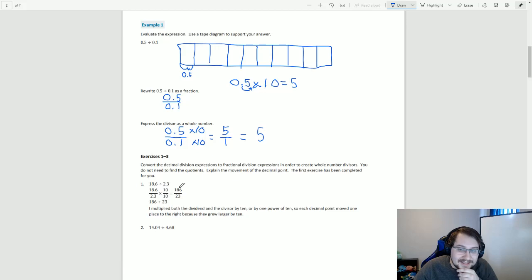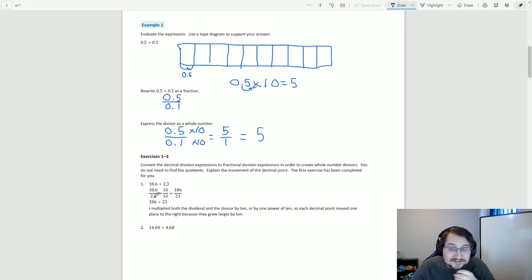We have 18.6 divided by 2.3. I'm going to take that and change it directly into a fraction. It changes this from written as a division sentence to written as a fraction of 18.6 over 2.3. But I don't want 2.3 in my denominator. I want my denominator to be a whole number.